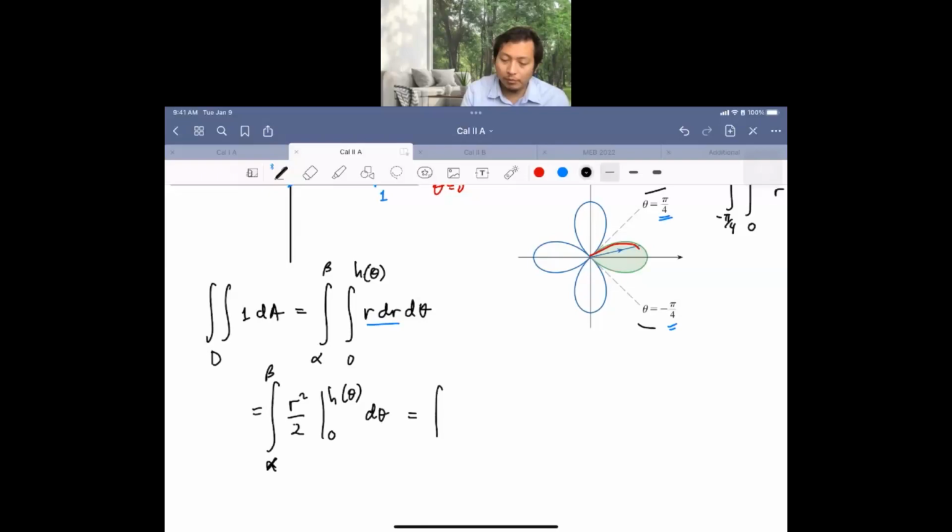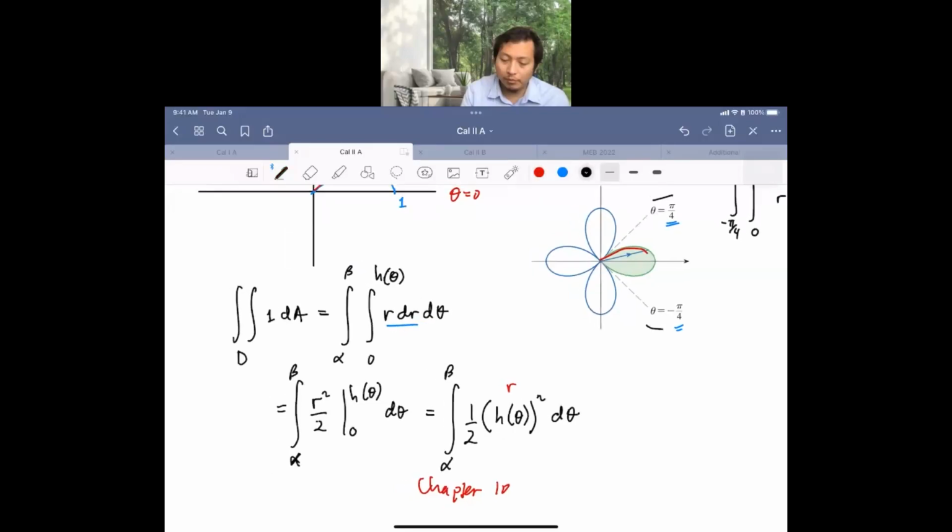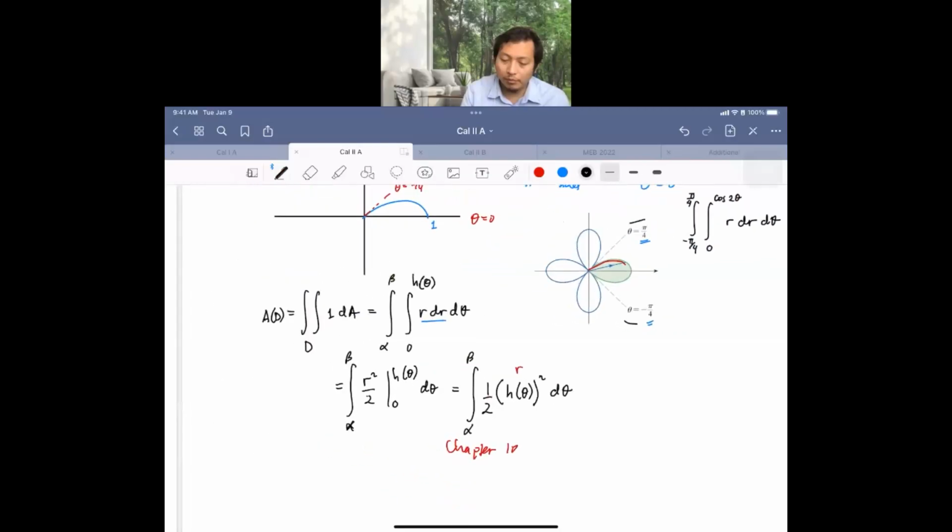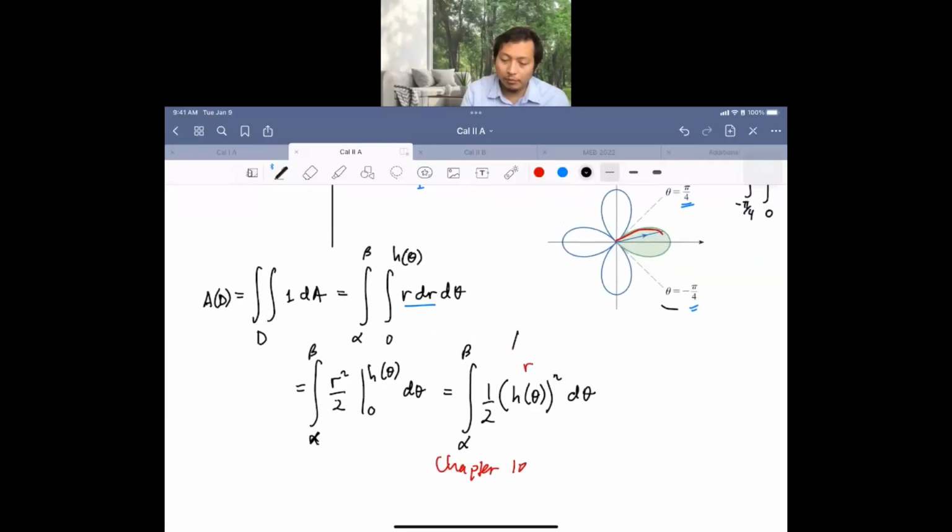So we have the integral from alpha to beta of one half h theta squared d theta. This is the integration formula in chapter 10, where this is the r squared. So this is the area, which means this is the area of the integration in a single integral in polar.